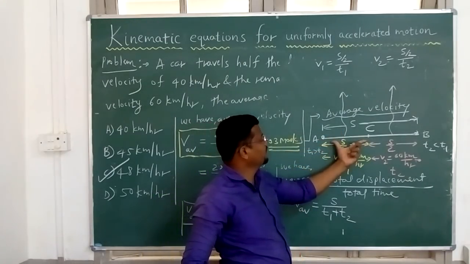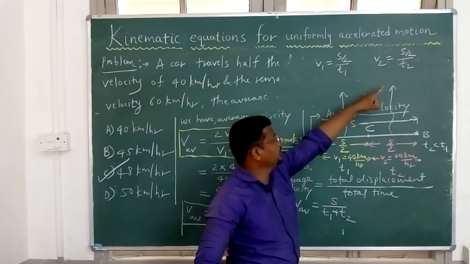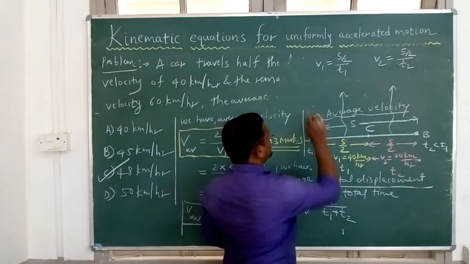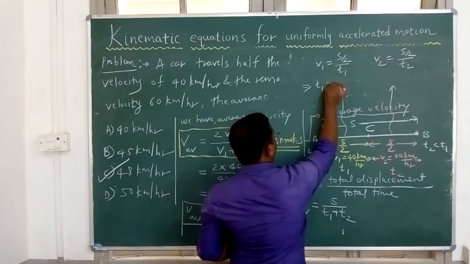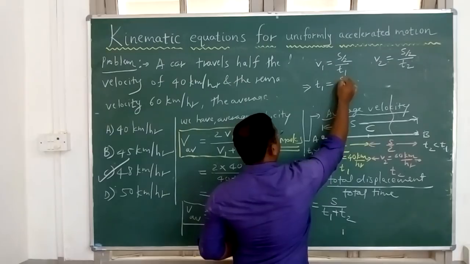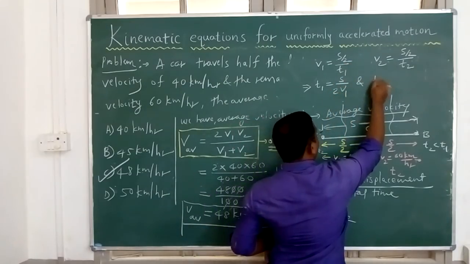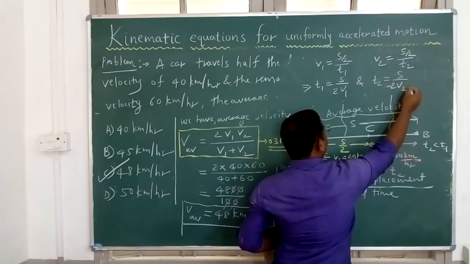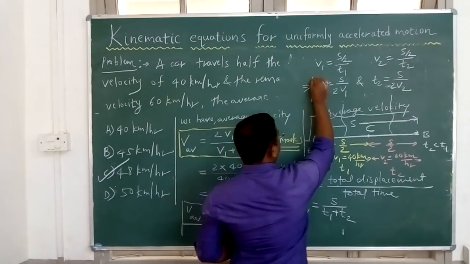Because displacement is half here, time is T1, this displacement is half, S by 2, and T2 is the time taken for that traveling. I want the value of T1, so this implies T1 is equal to S divided by 2 into V1, and T2 is equal to S divided by 2 into V2, right? These are the basic steps, you can remember it.